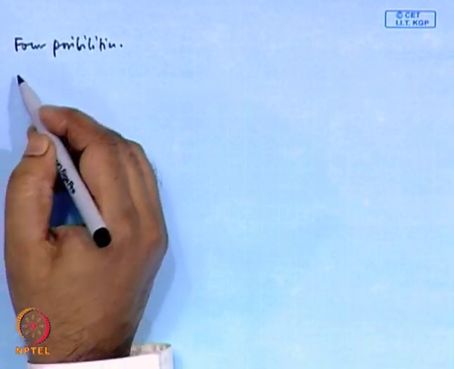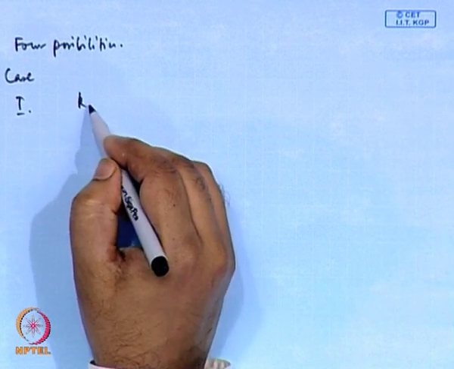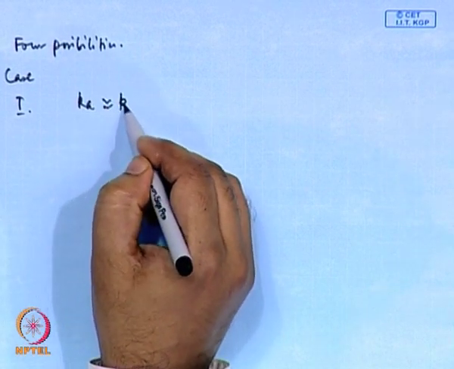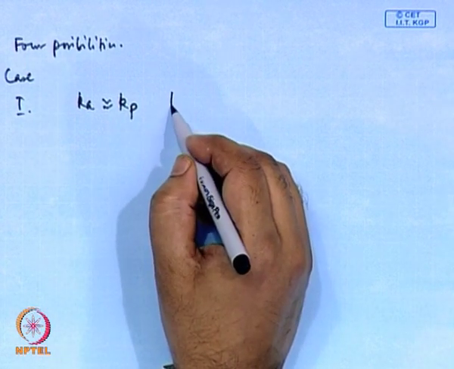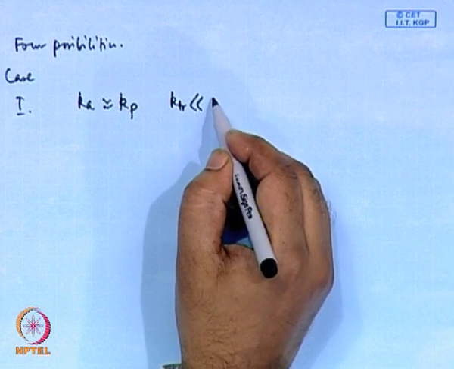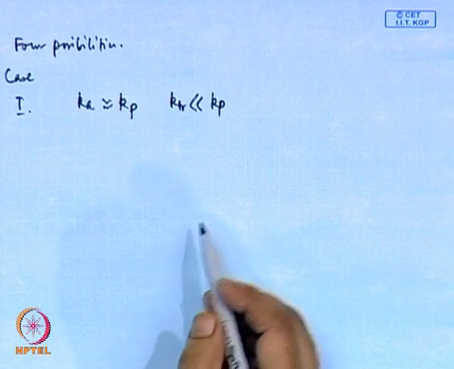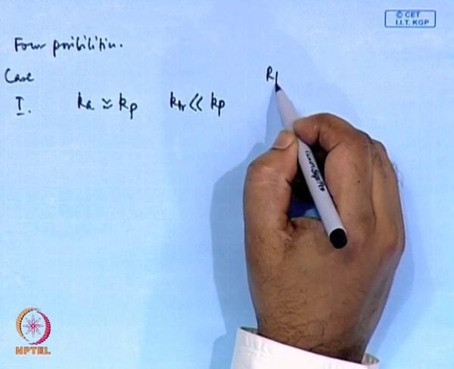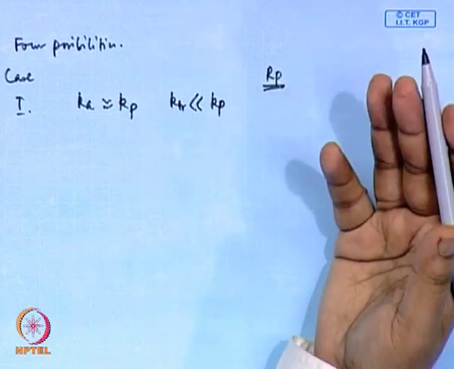Now, case 1: Ka is similar to Kp and K transfer is much lower than the propagation. So, what is the effect on rate of polymerization? Rate of polymerization is nothing but the rate of consumption of monomers.